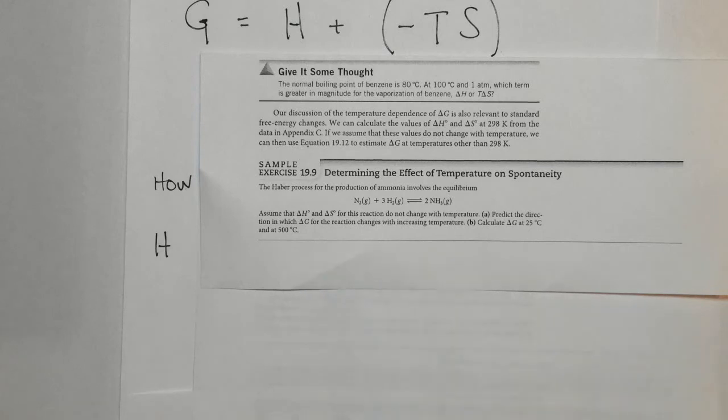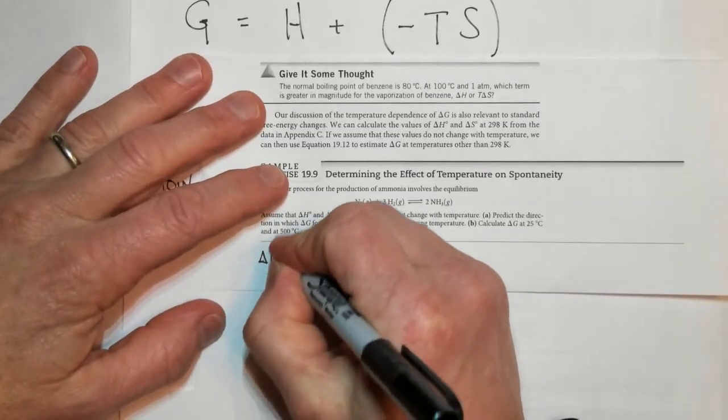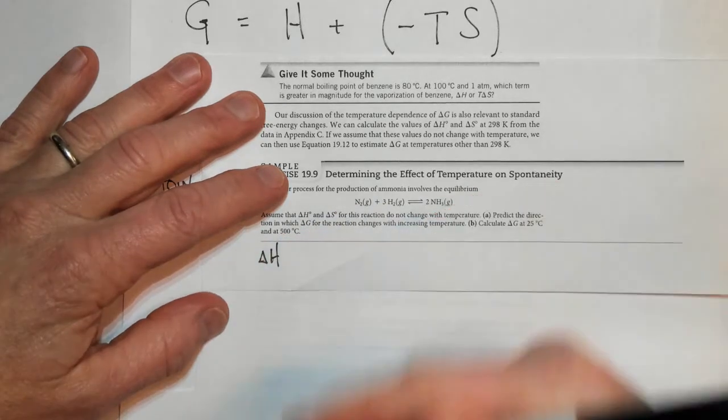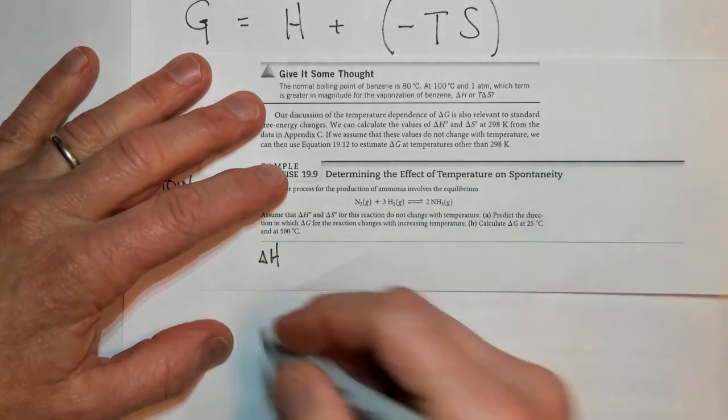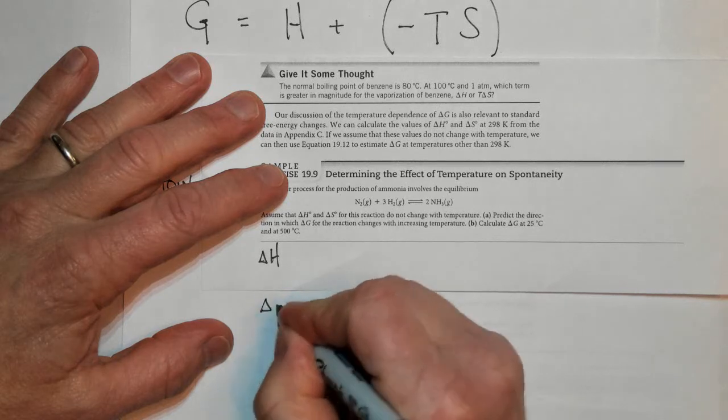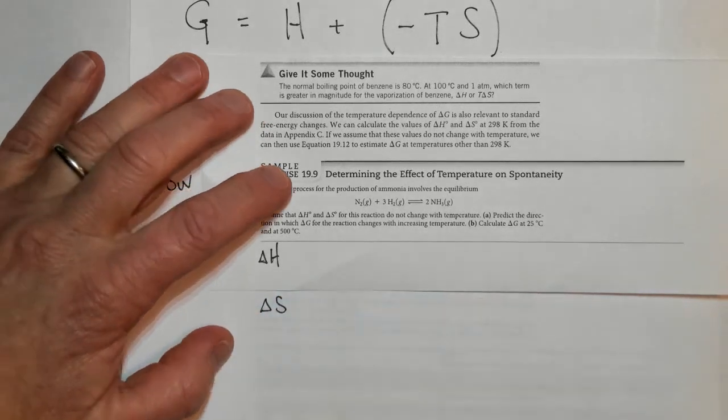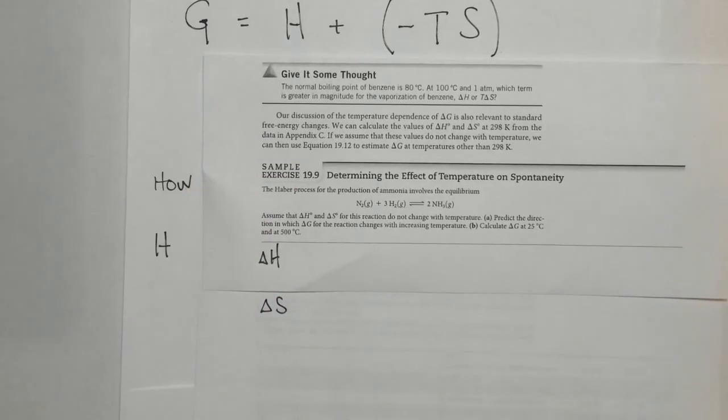Now, the first thing that we're going to need for this is the delta H of this Haber process, which we calculated in an earlier video cast, and we'll need the delta S for this process, which we once again calculated in an earlier video cast. So I'll give those two to us here first.